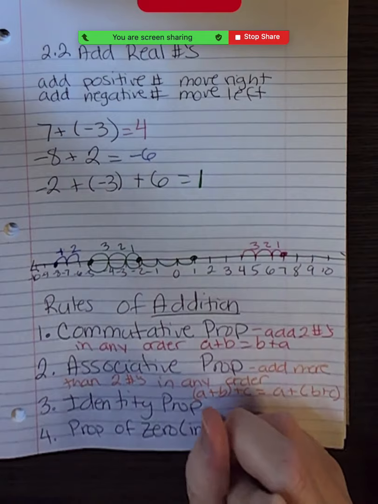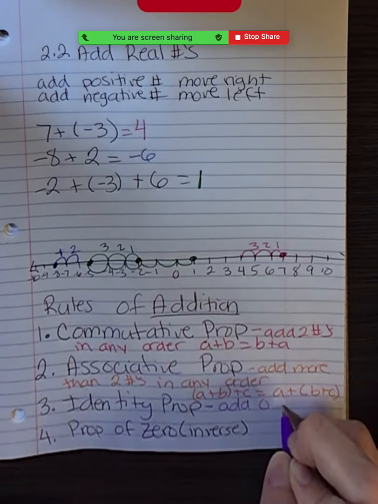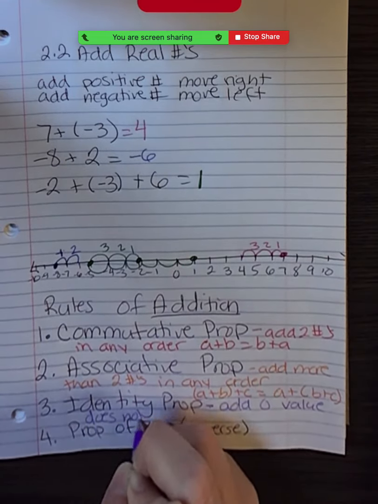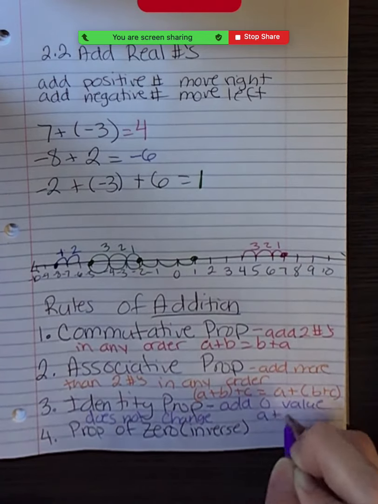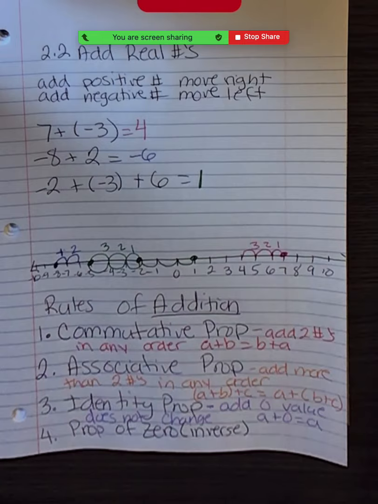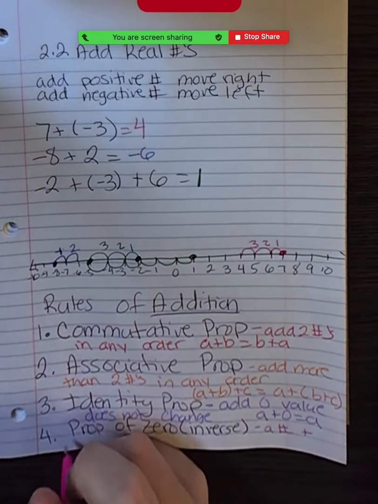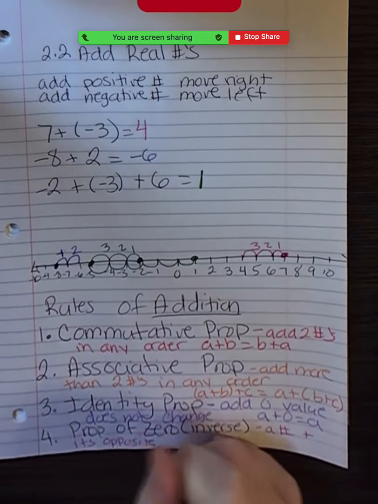The identity property says when you add 0, your value doesn't change. So any number plus 0 is the number you started with. And then the inverse property says if you add a number and its opposite, you get 0.